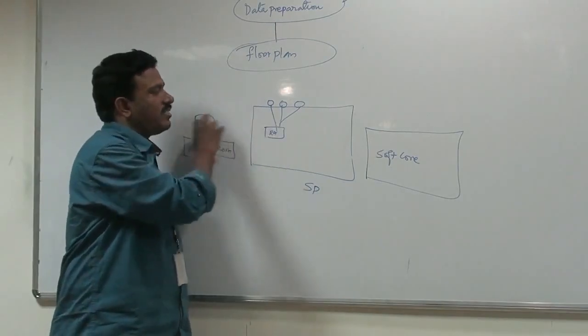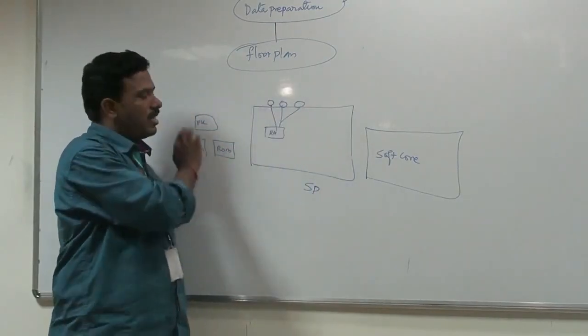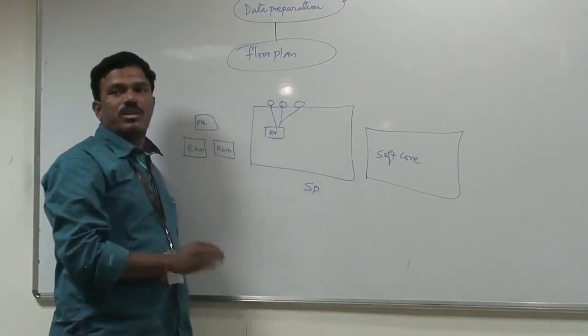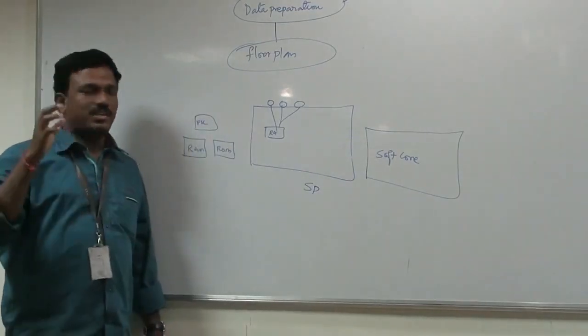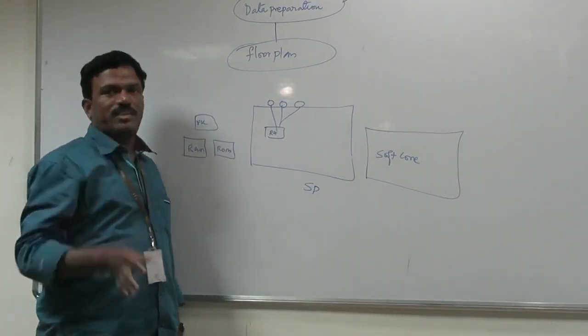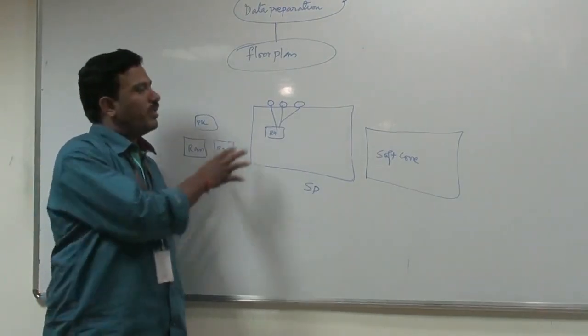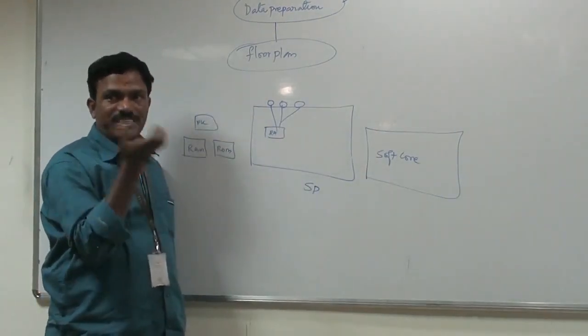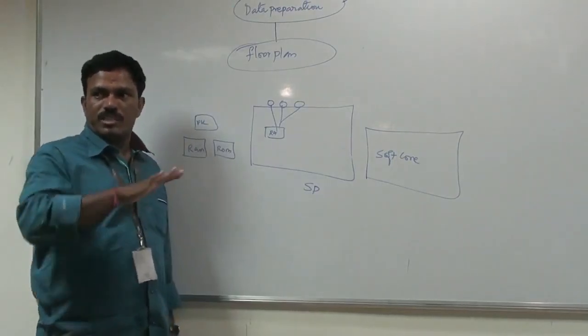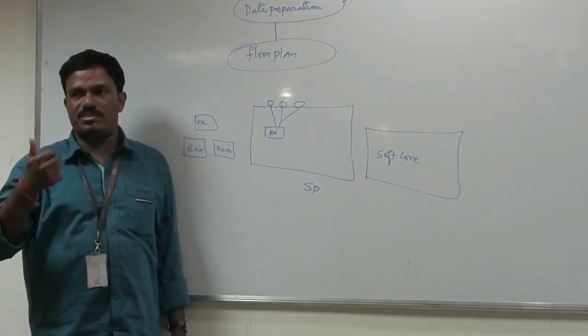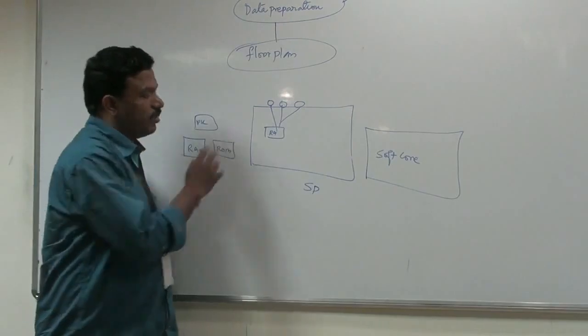Check how many interconnects are associated with IOs. According to that, just move your modules close to the interconnects. Reduce your interconnects, that is interconnect RC delay, as much as possible. Make sure that there is no timing violation in the later stage. Okay, so that is one important step.